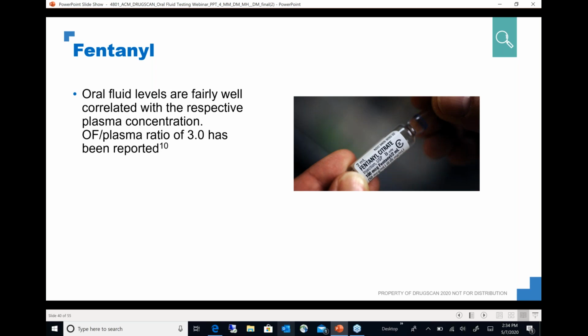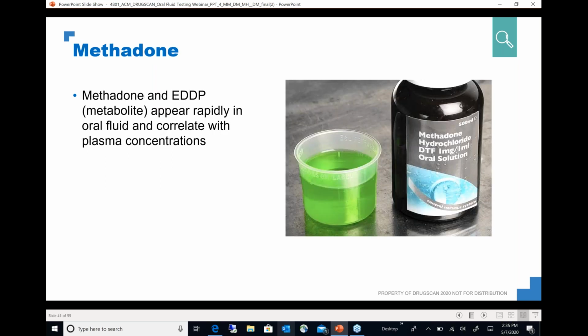So to say that oral fluid samples cannot be adulterated, believe me, these very smart individuals who look to divert their drugs can come up with some unique scenarios on how to do it. So looking at the levels and understanding oral fluid plasma ratios are very important to the clinician. And again, I encourage the offices to reach out to DRUGSCAN for help in looking at the data.